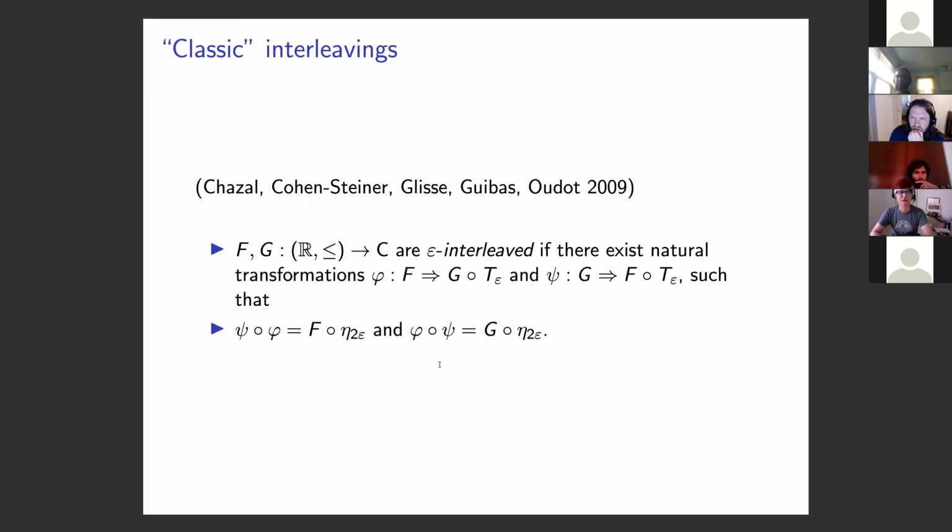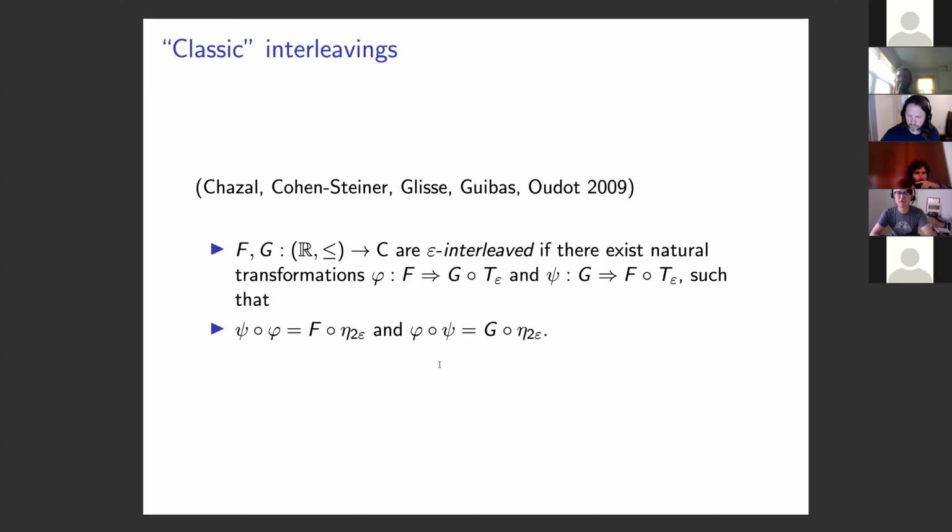Back in 2009, we had the original, as far as I know, definition of epsilon interleavings. They're like isomorphisms where you've got to pay a cost by going back and forth between two objects. If we have two persistence modules, let's say F and G, then we can go back and forth by natural transformations, but at the cost of having to translate.